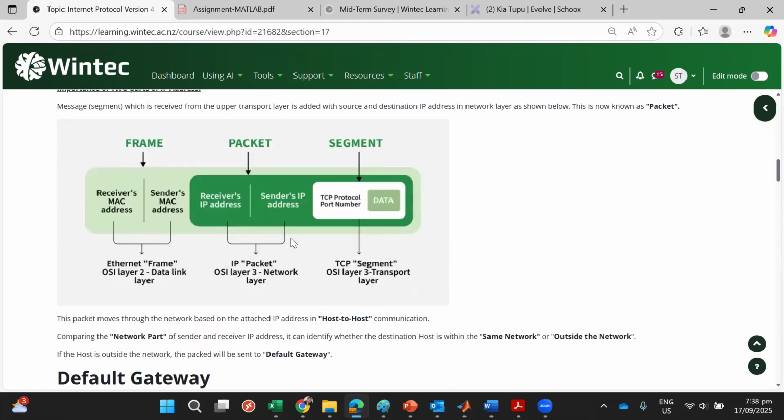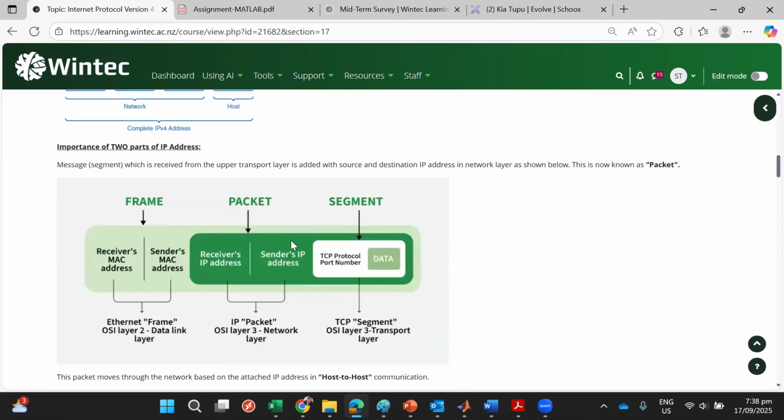And this one looks very interesting. That's why I added this yesterday. It gives you the idea of what we are talking about. This is your data that has been split or divided from your message from any application.